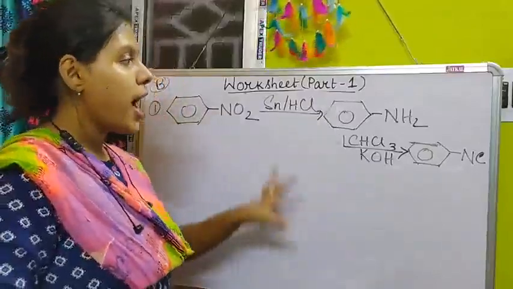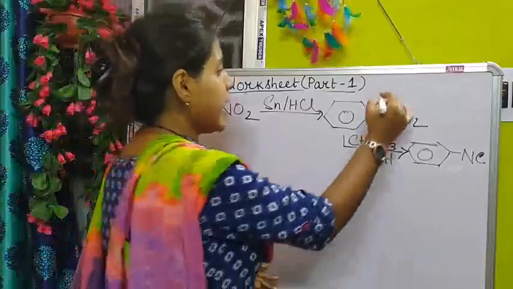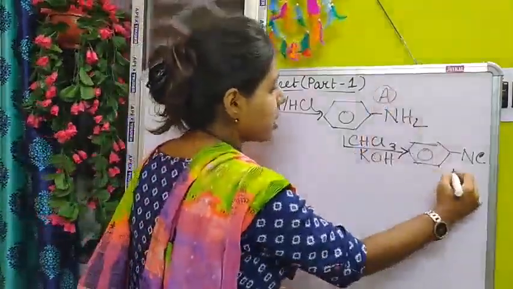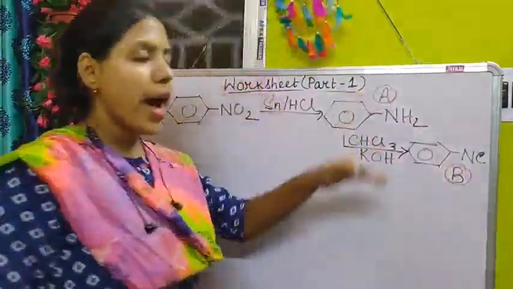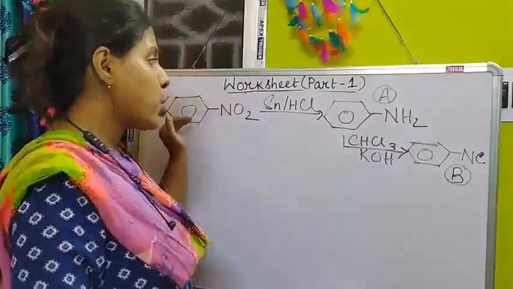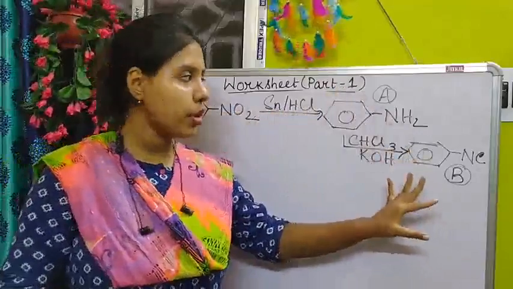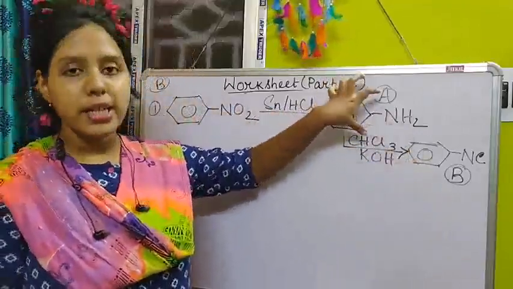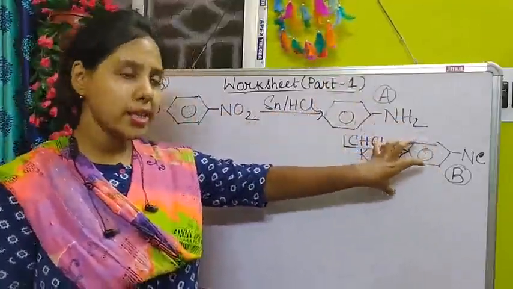Okay, in the question I have just written here A and written here B, and you have to identify the products A and B. So while answering the question, you have to copy the full conversion. At the place of A you have to write the answer, at the place of B you have to write the answer.